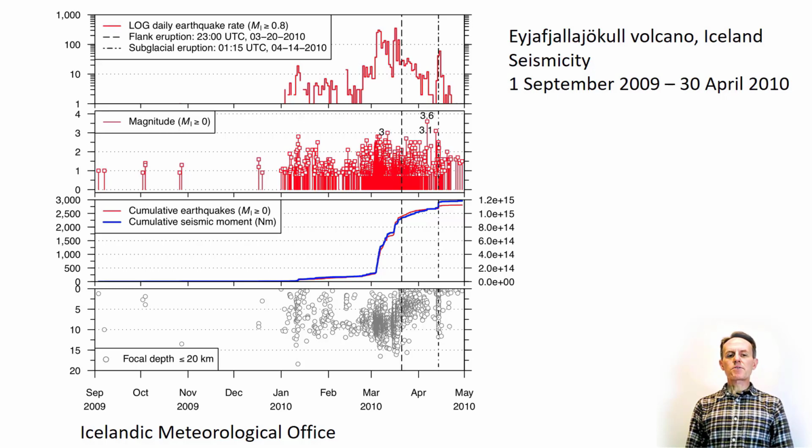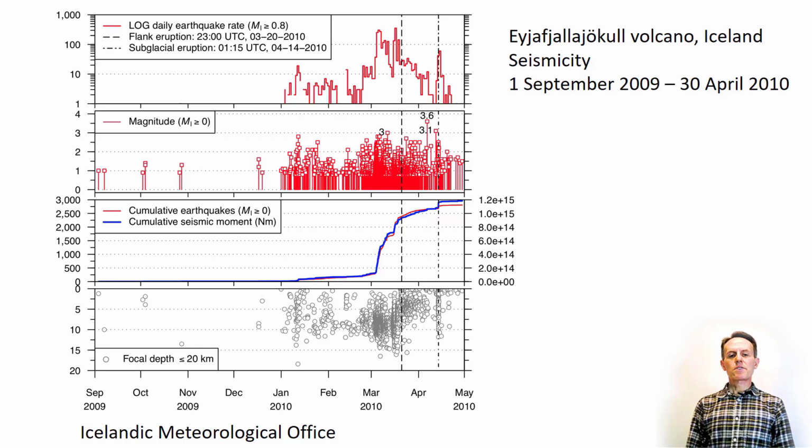The second panel is sometimes referred to as an impulse plot of the earthquake activity. Each earthquake is shown as a vertical line with height equal to the magnitude of the earthquake. There are a number of ways to measure the earthquake magnitude. That shown here is the so-called local magnitude, denoted M subscript L. When many earthquakes occur per day, they will overlap on this kind of plot, but we can see the size of the largest event.